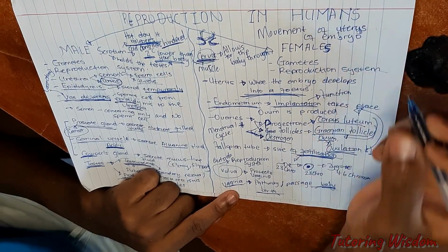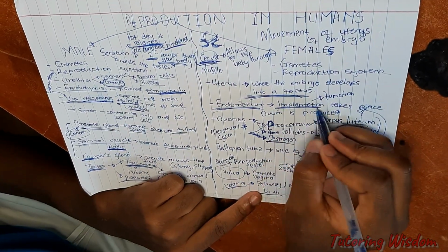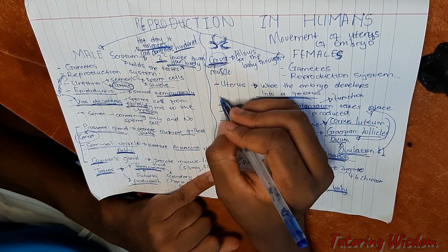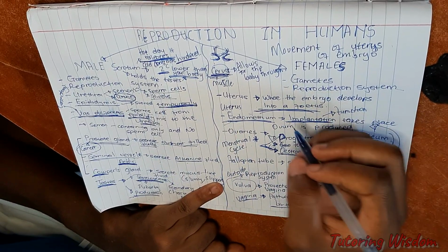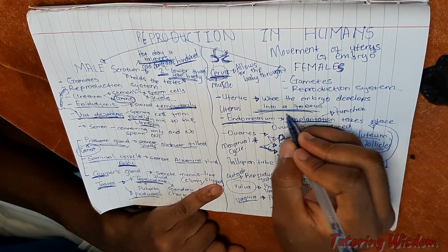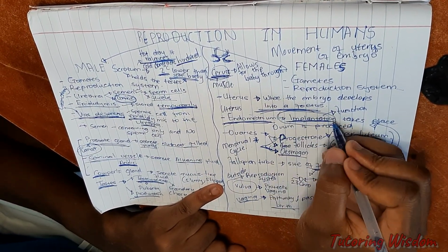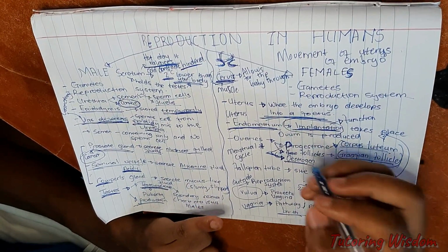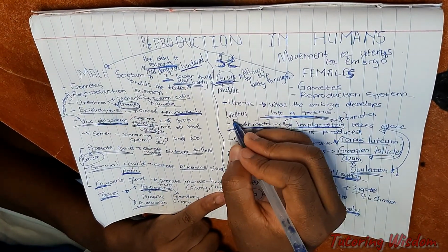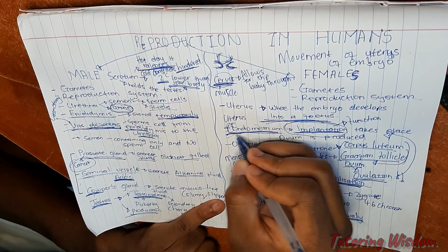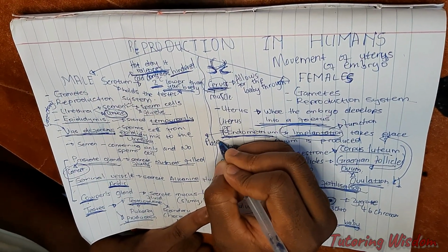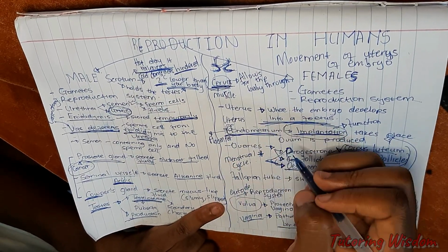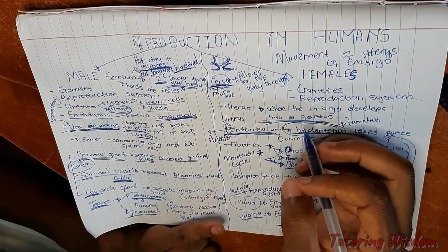When the embryo reaches the uterus, it attaches itself to the uterus wall during implantation. Now you know how the fetus forms. The fetus forms on the endometrium wall, where the placenta also forms.